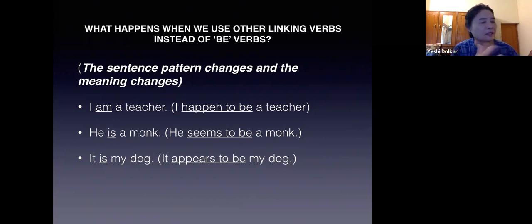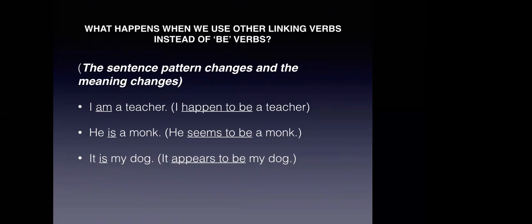Appear is also a linking verb. It seems to be. See what's happening? When you put another linking verb, you have to use to be, then your sentence will be correct. Yes, ma'am.